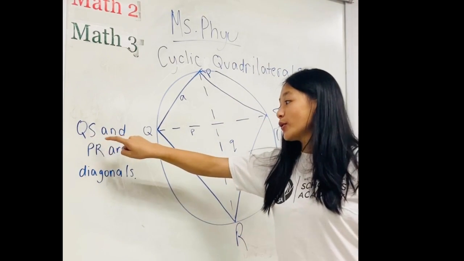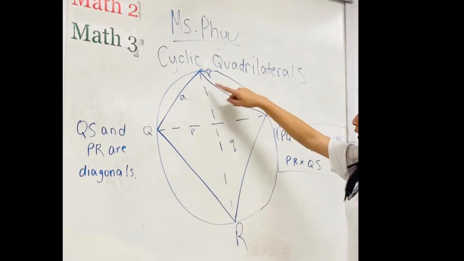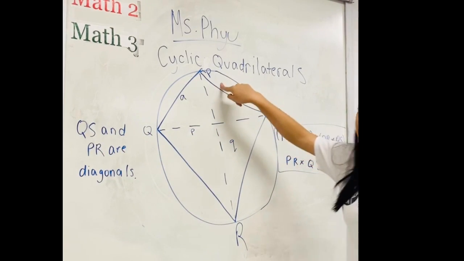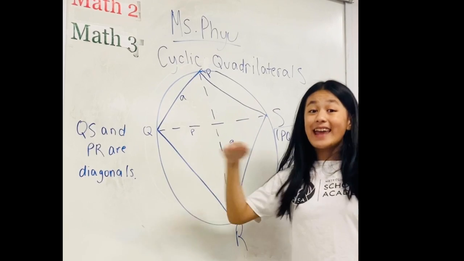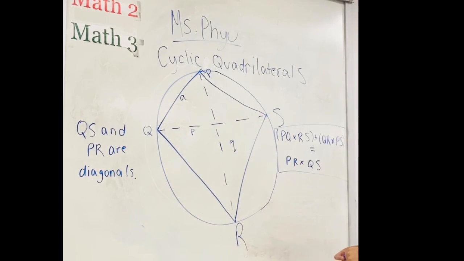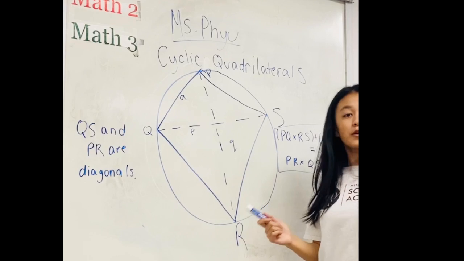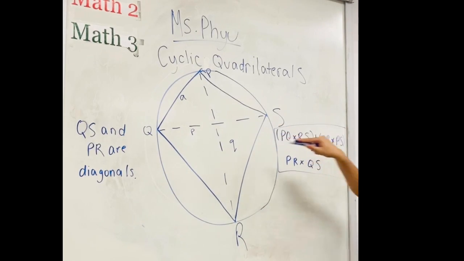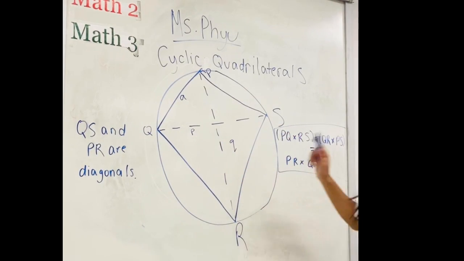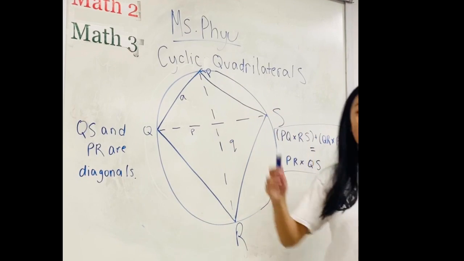In this quadrilateral we know that QS and PR are diagonals, and we also know that PQ and RS are opposite sides. According to the property, if we add the product of those to the product of the other opposite sides, which are QR and PS, then that equals the product of the diagonals.